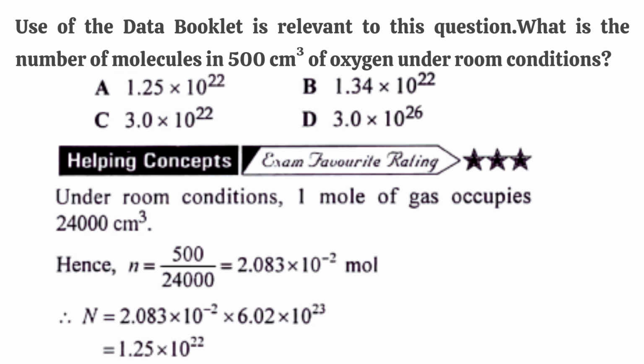That gives 0.02083 moles. Then we multiply the number of moles by Avogadro's number, 6.02 × 10^23, and we get 1.25 × 10^22 molecules of oxygen in 500 cm³ of oxygen gas under room conditions.